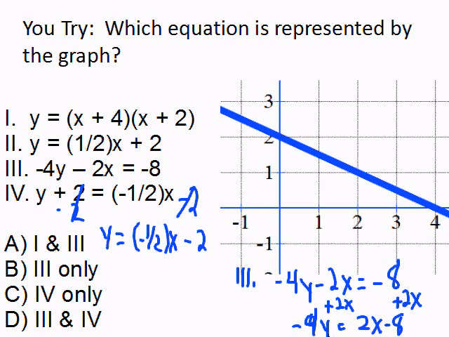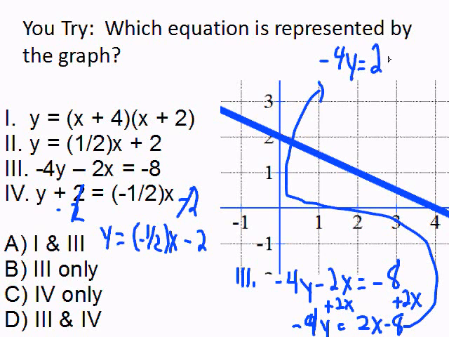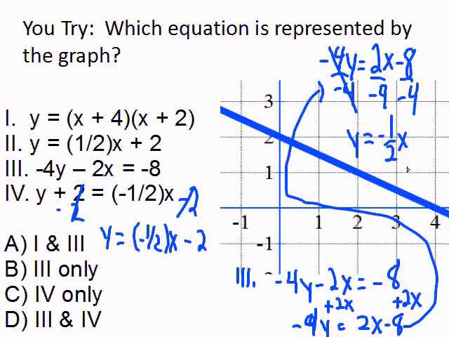And then we divide everything by -4, which I will complete up here. So we have -4y equals 2x minus 8. Divide all the terms by -4. And we're left with y is equal to -1/2 x minus 8 over -4 is a plus 2.